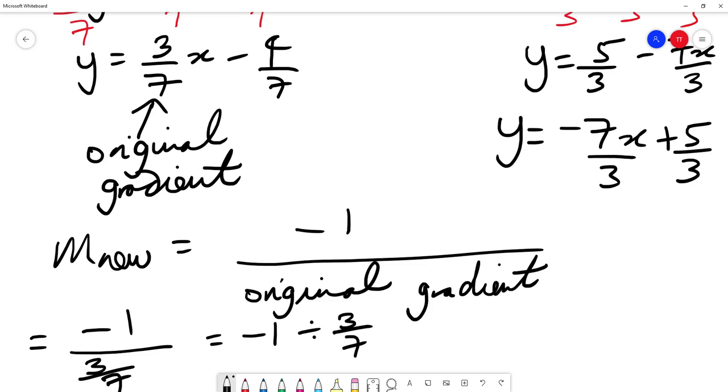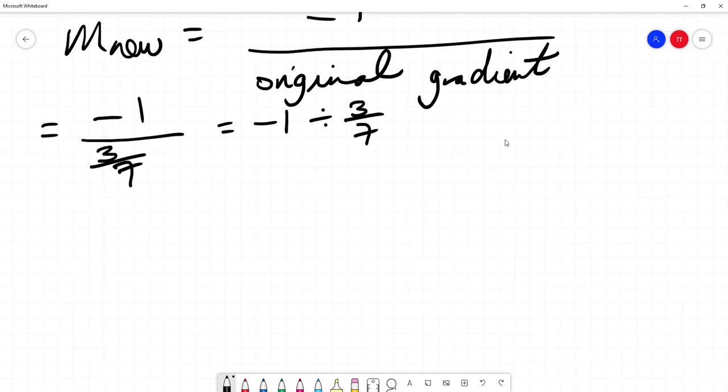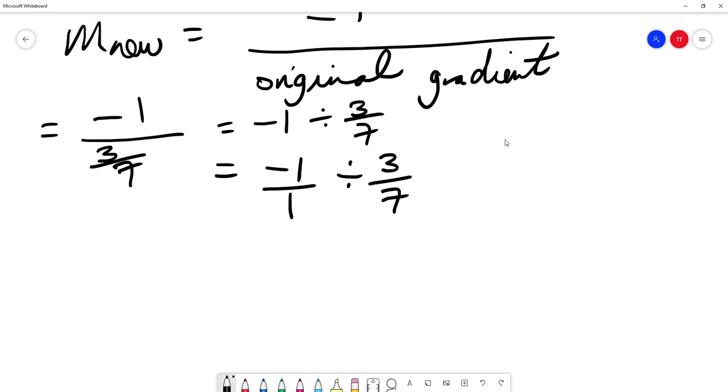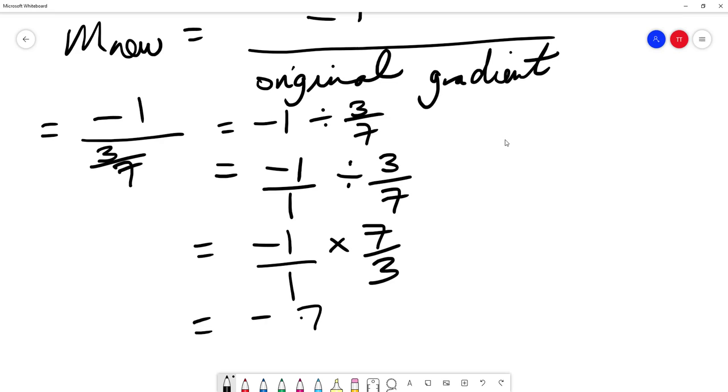So what we're going to do is apply the basic rules of dividing fractions here. So we're going to get minus 1 over 1 divided by 3 over 7. This gives me minus 1 over 1, changes to a times, turn the fraction upside down, 7 over 3, and this will give me minus 7 over 3.